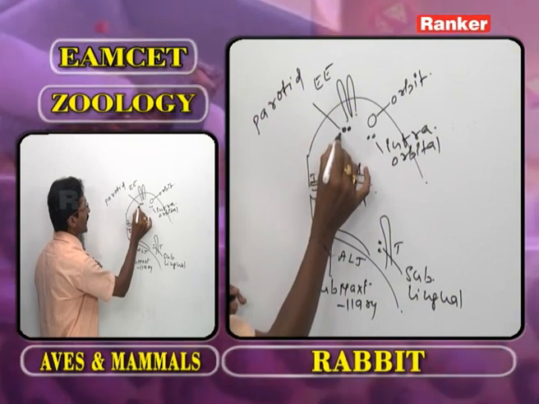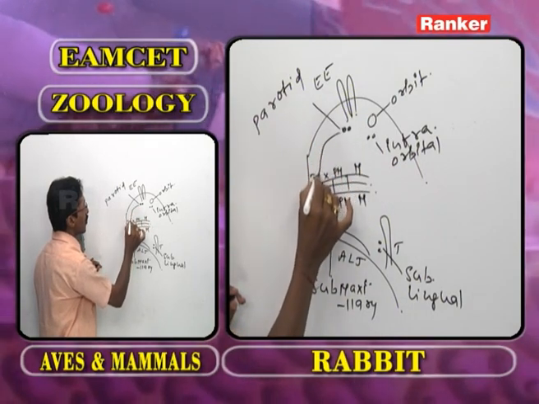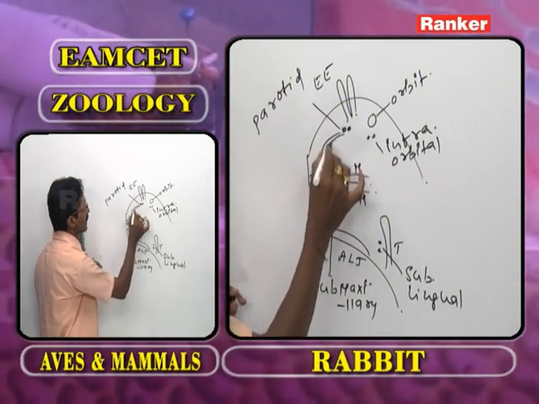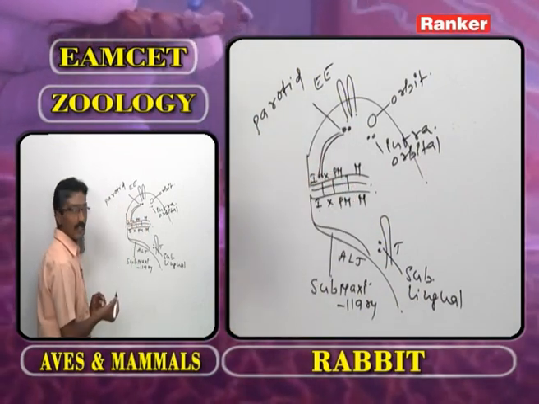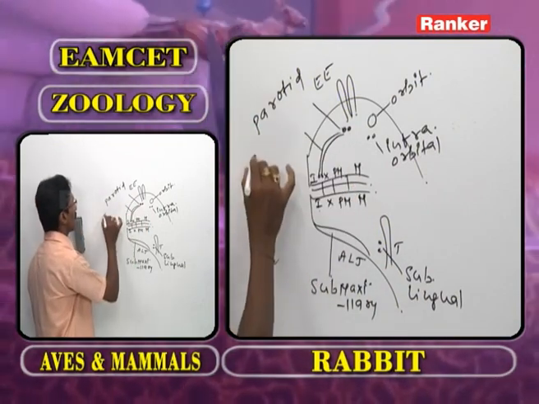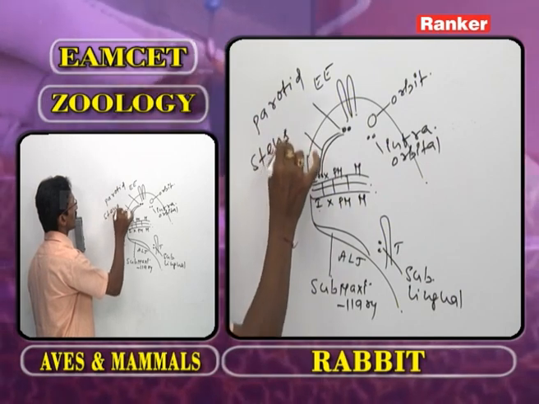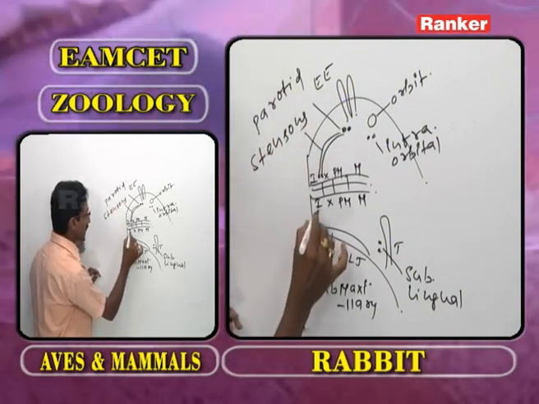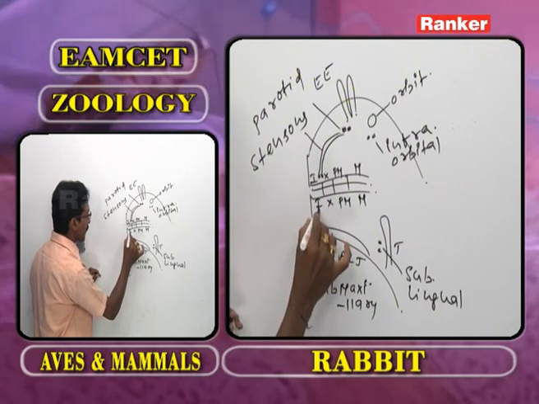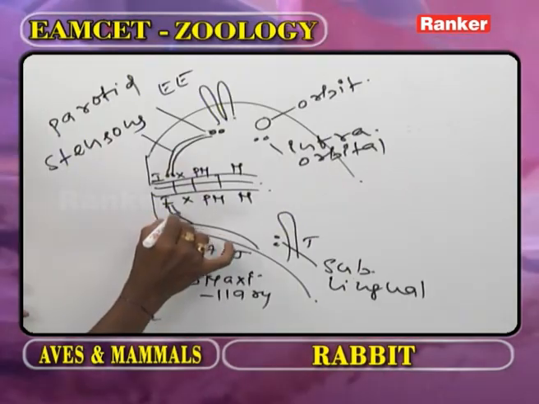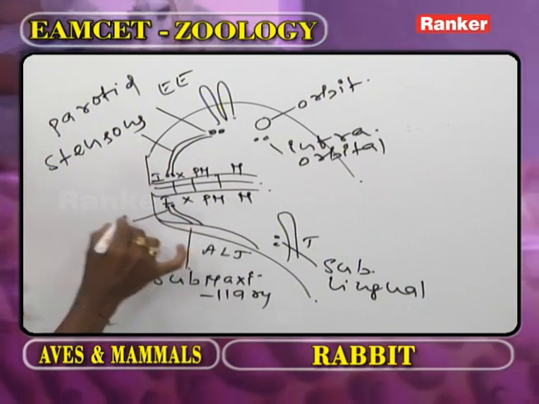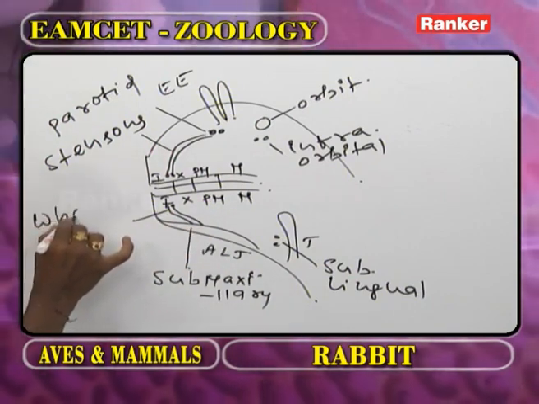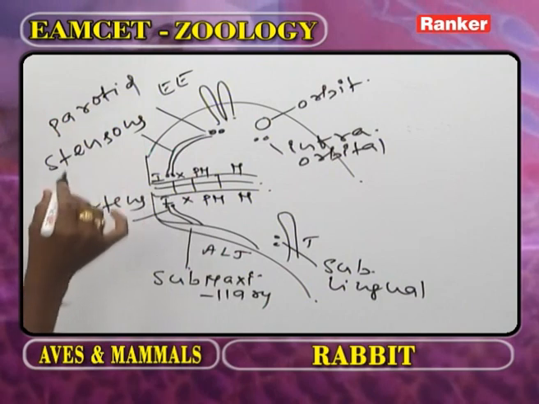The parotid salivary glands open behind upper incisors with the help of what type of ducts? Stensen's ducts. The submaxillary salivary glands open near lower incisors with the help of Wharton's ducts.